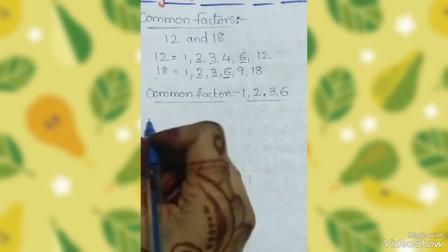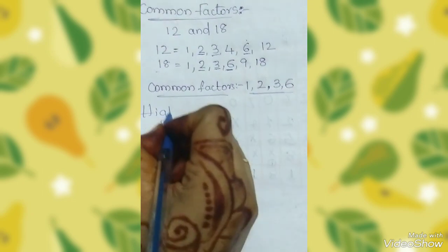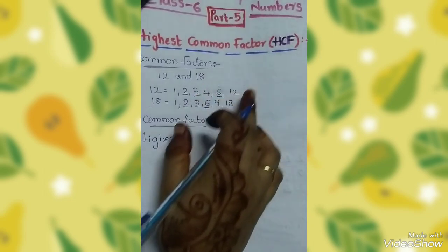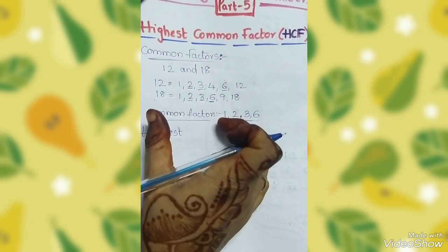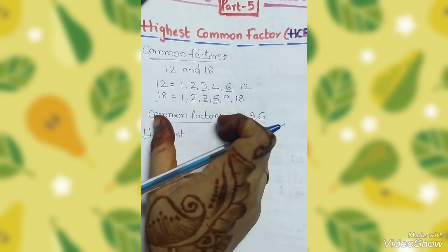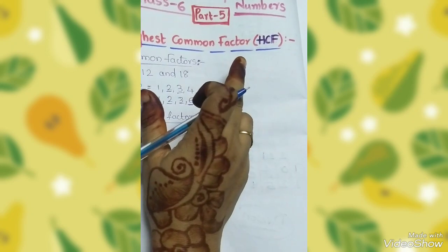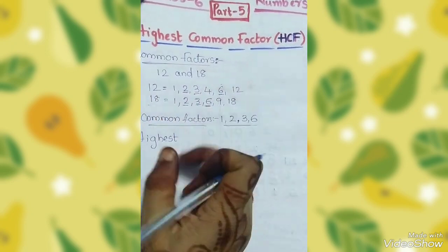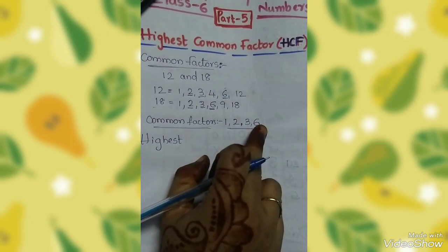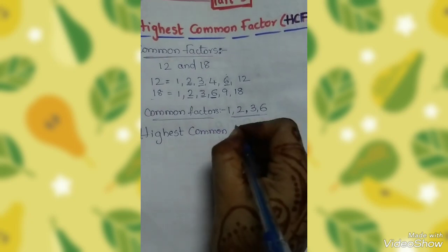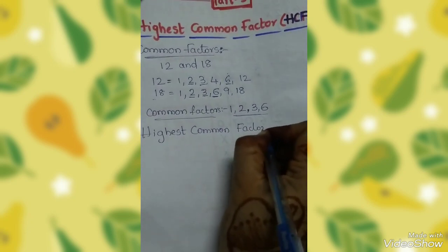For the highest common factor, we first have to know what common factors are, and that I have explained. Now HCF means highest common factor. We have to take out the common factor which is highest. So the HCF of 12 and 18 is 6.